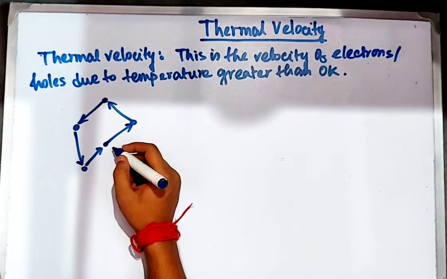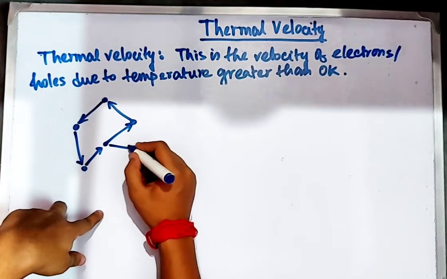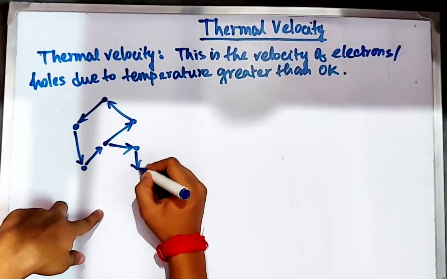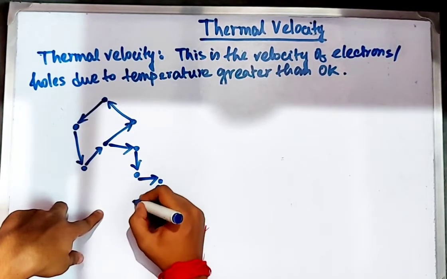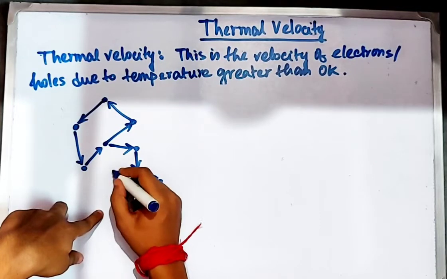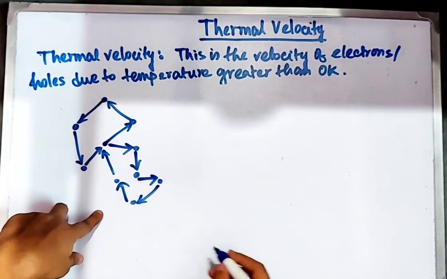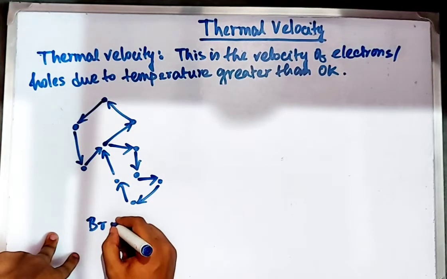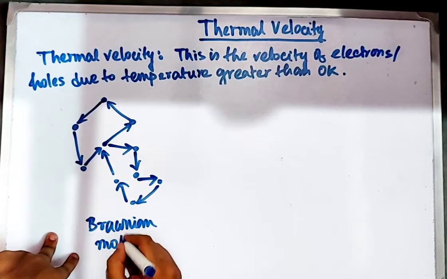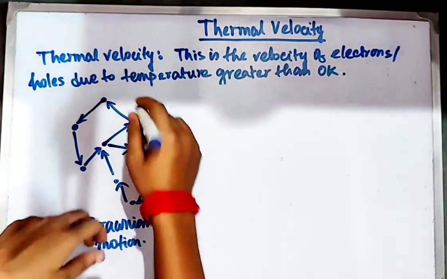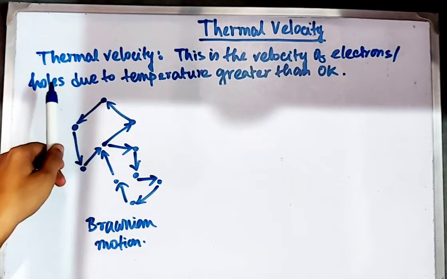But at last it will come to its primary position, and then it will go for another random path. This type of motion is called Brownian motion, and the velocity at which this electron is moving is known as the thermal velocity.